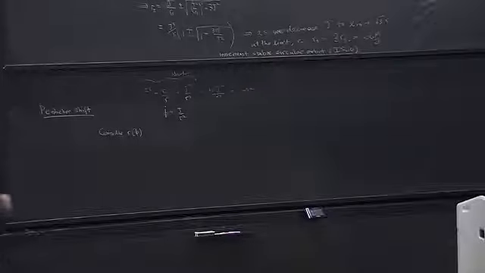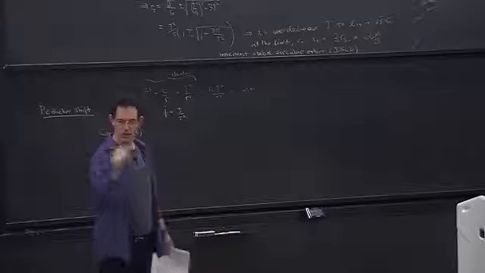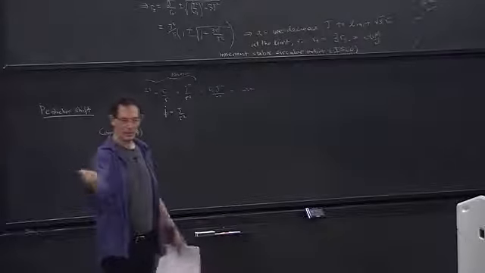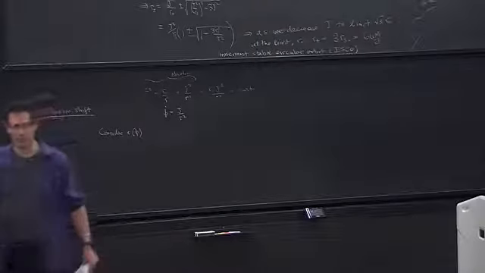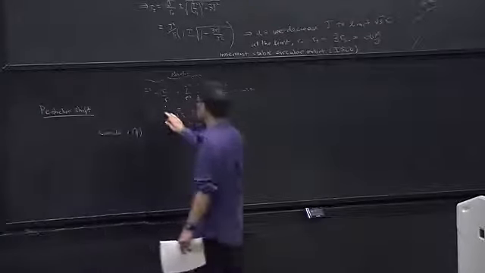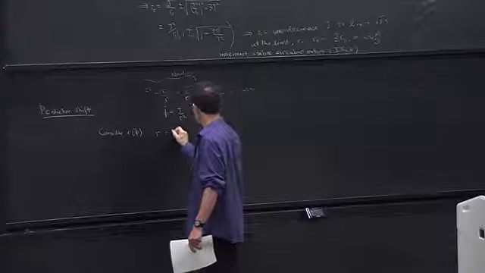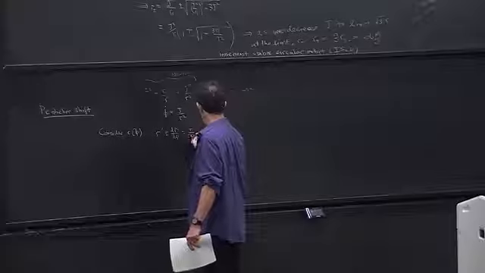Both r and phi are functions of tau, but you know that phi is monotonic in tau, right? Phi is just going to go from 0 to 2 pi to 4 pi to 6 pi to 8 pi. So phi is a monotonic function of tau, so why not consider r as a function of phi? And the way you do that is trivial. You just say that r prime, which is dr d phi, is r dot over phi dot.